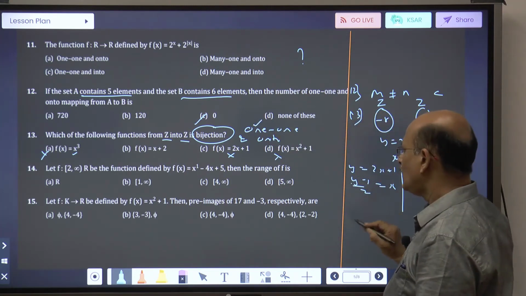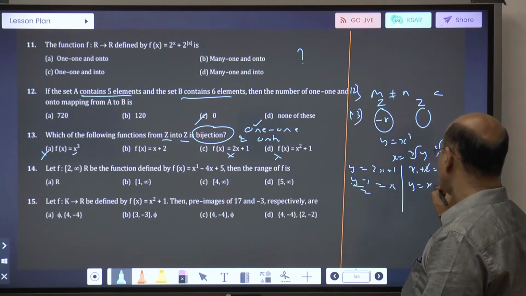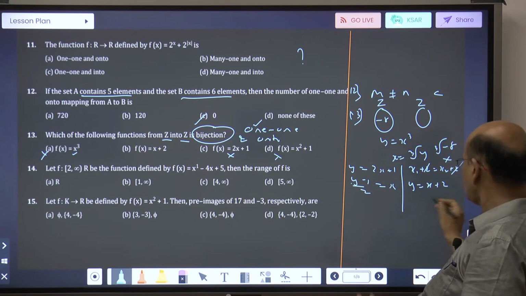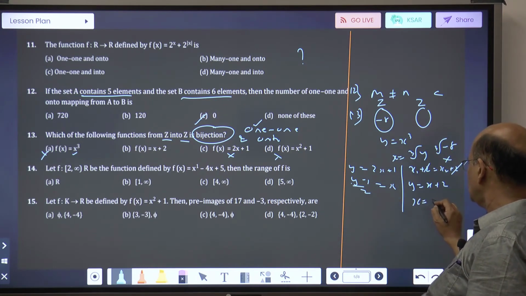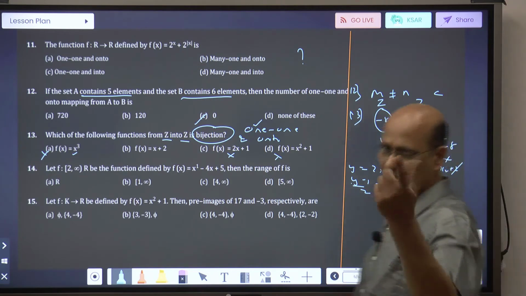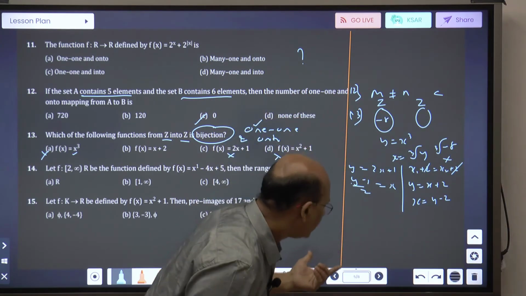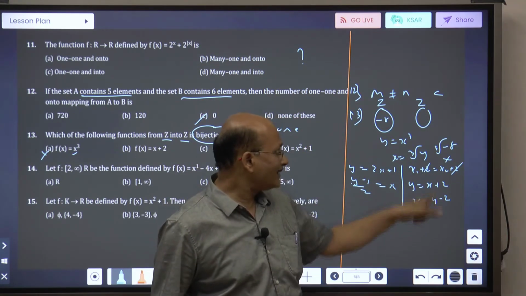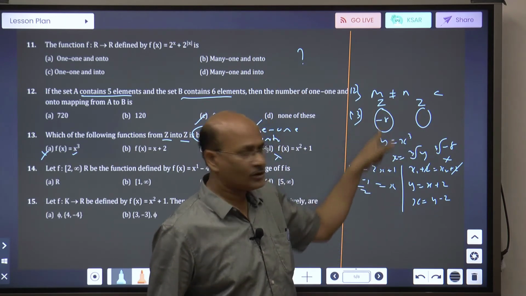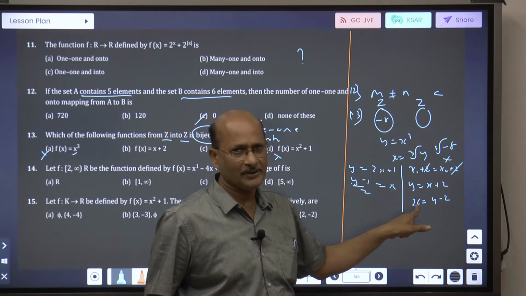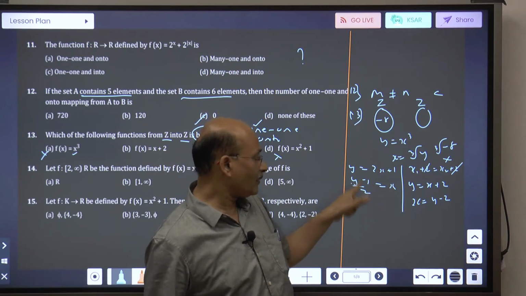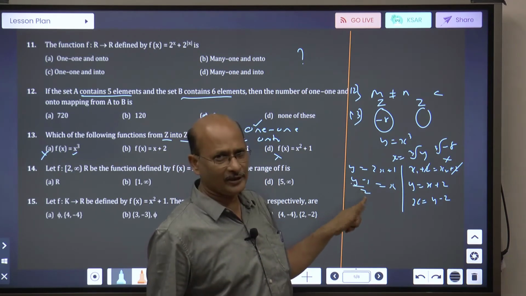Now onto, I told you. So y is equal to x plus 2. So write x in terms of y. So x is nothing but y minus 2. Now ask a simple question. If you put y as some integer, are you going to get x also as an integer? Yes, 100% yes. In the earlier case it was not, because it was upon 2. Some numbers you would get as integers, some you would not.